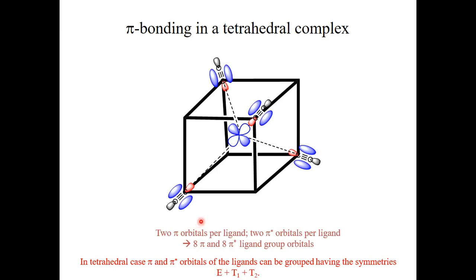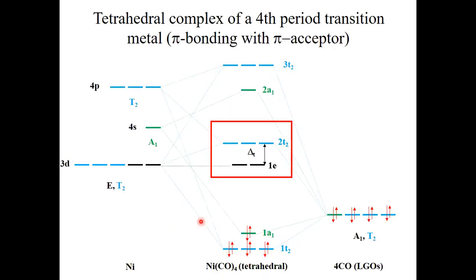So with this information in hand, we can now construct our molecular orbital diagram under the consideration of pi bonding. Now you see here again the molecular orbital diagram that we constructed in the last class that considers the sigma bonding only. I will just briefly go through this MO diagram as a little refreshment.